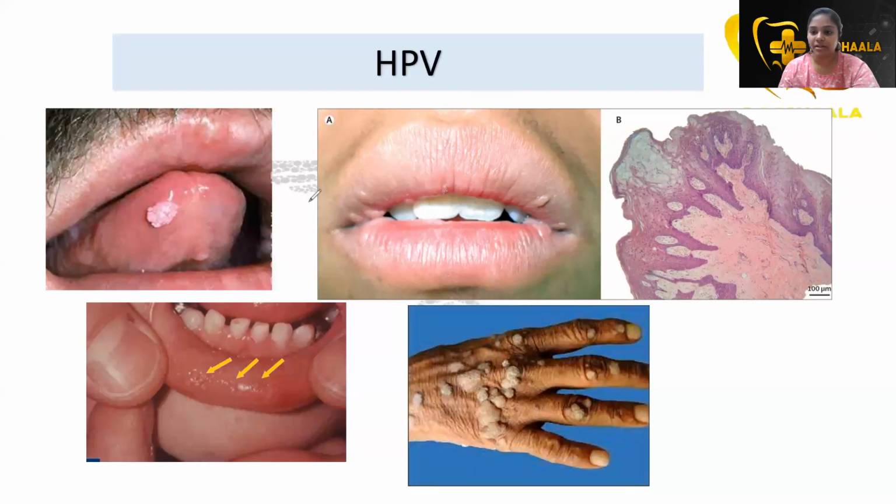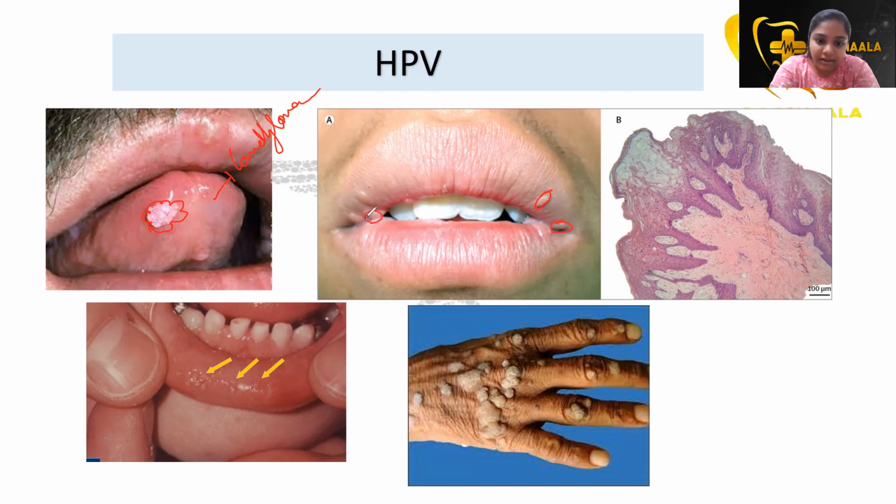Okay, so the same can be seen in the images here. From the description we have been given, this is looking like a gobi, cauliflower. So this will be condyloma. Then these are looking like flat lesions.